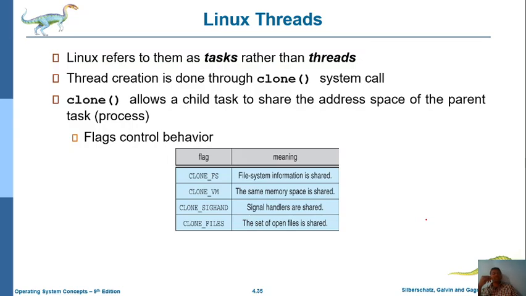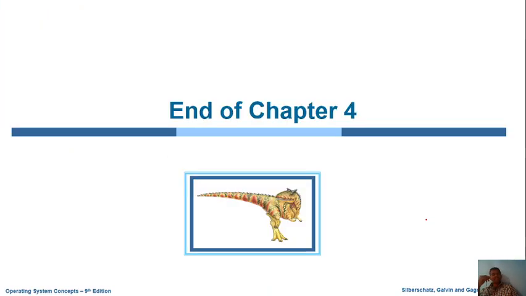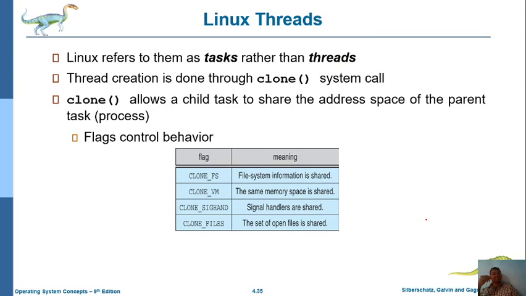So these are the several flags used in the Linux environment. These are the details about threads in Windows and Linux platforms.